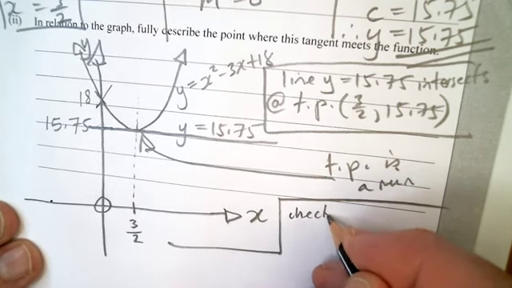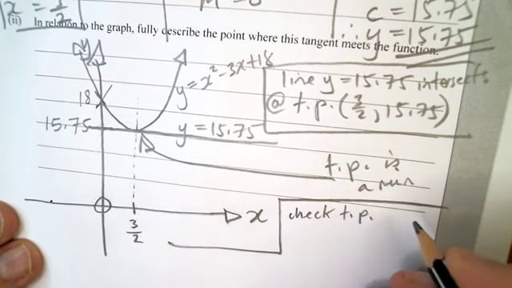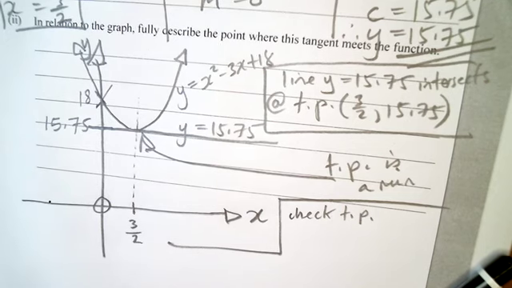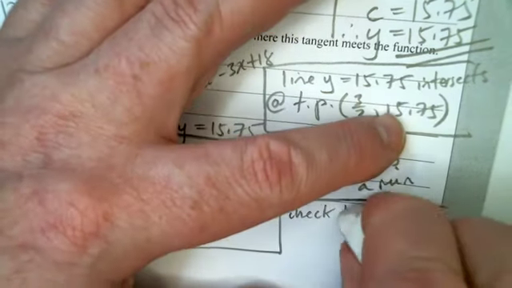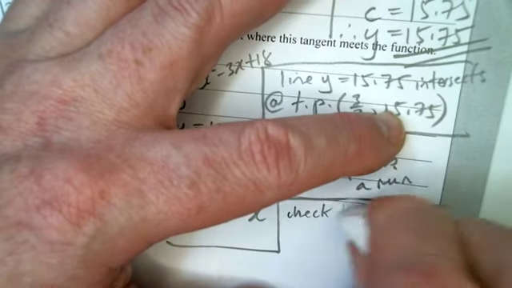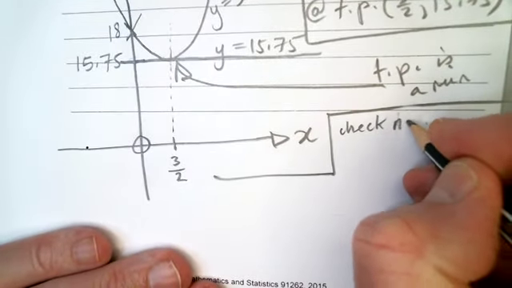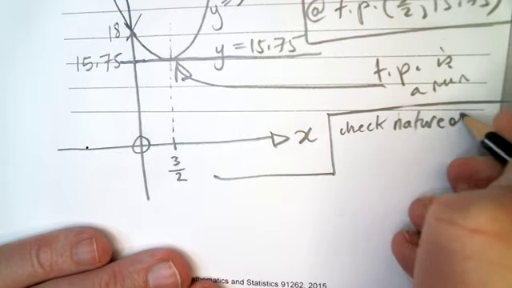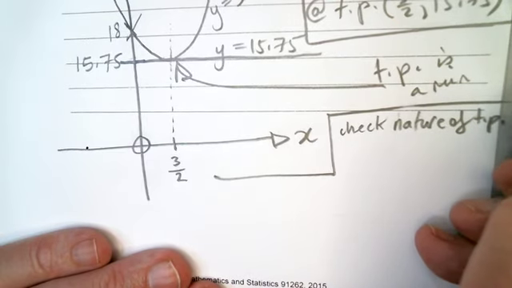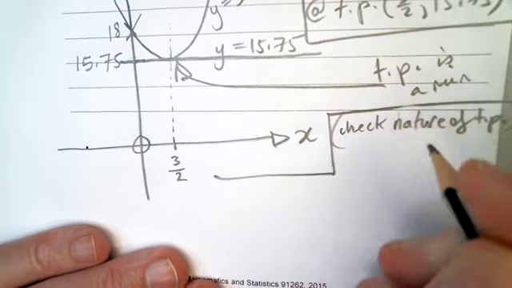You can say check nature of turning point, which would be a better thing to say here, okay? Check nature of turning point. So let's do that now.